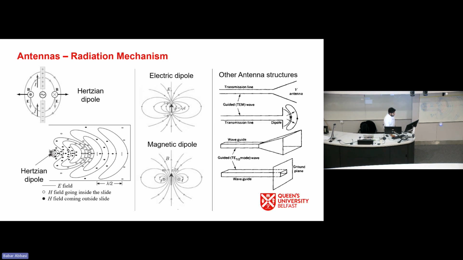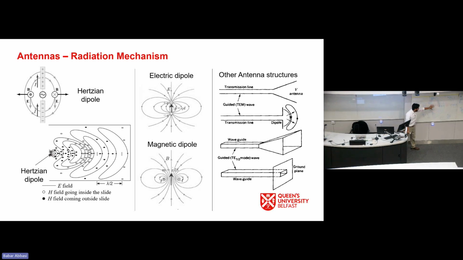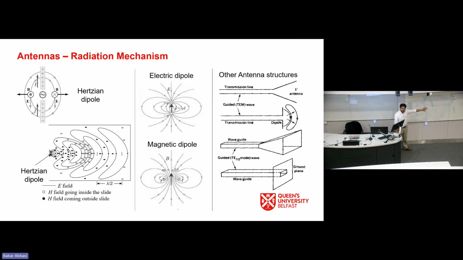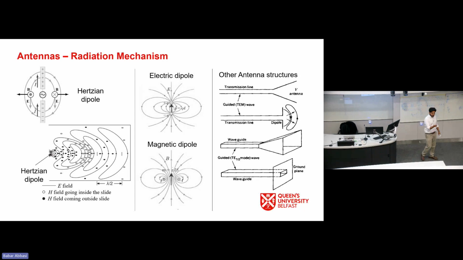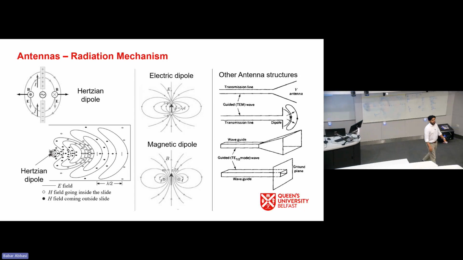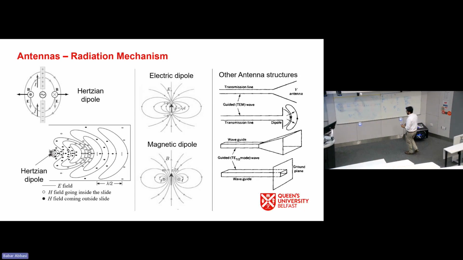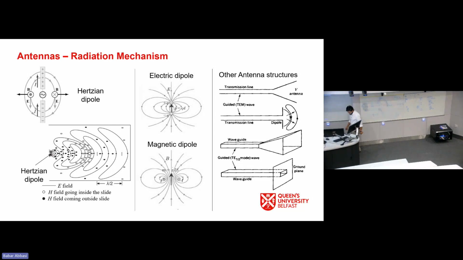So we can create a simple electric field based dipole using this kind of phenomena, and we can also have a magnetic field in a loop to produce a magnetic dipole. So let me explain what I mean by that.